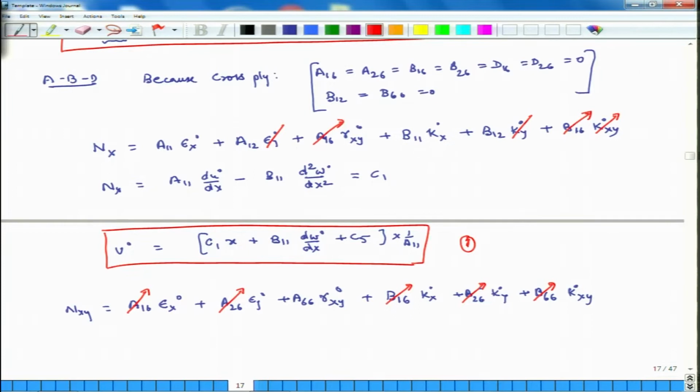We have mentioned this, and actually also kxy is 0, epsilon y is 0. So, all these things are 0. So, essentially this boils down to A66 gamma xy, everything else goes away.